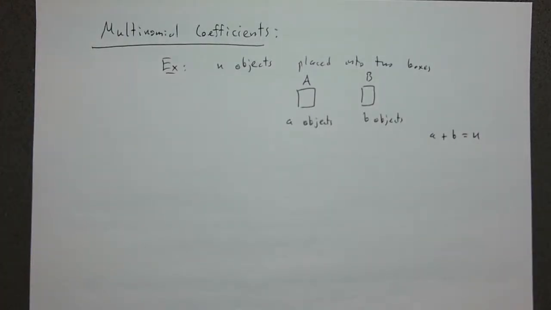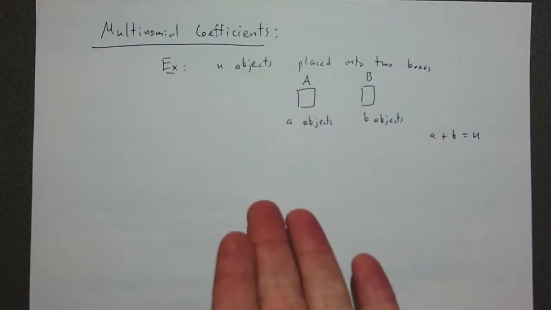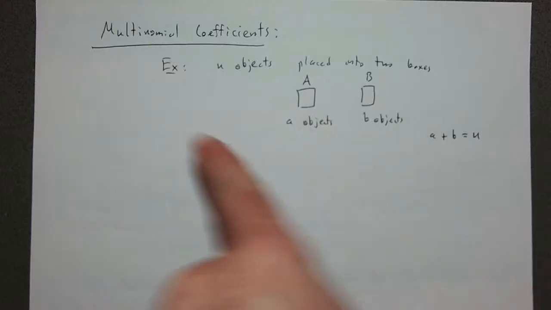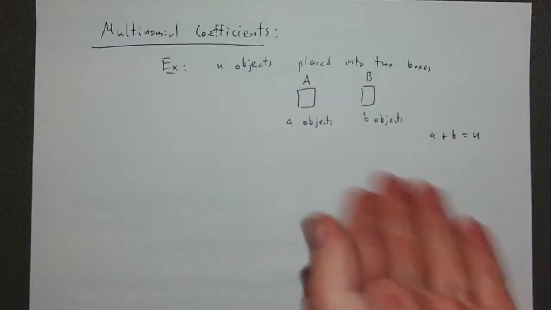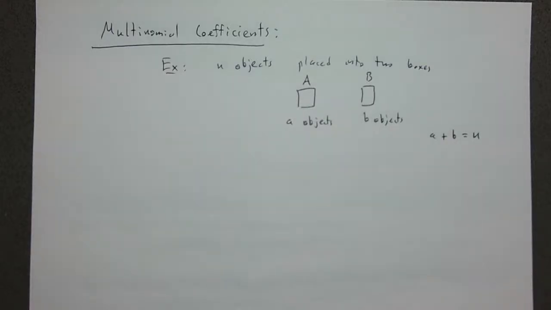Let's assume that the order of the placement doesn't matter. I'm not tracking in what order I place them, so I'm just tracking the end result. At the end of placing these n objects in the boxes, I'm just checking the number of objects in each box. That gets labeled little a, little b, and of course those have to match. None of the objects went anywhere else.